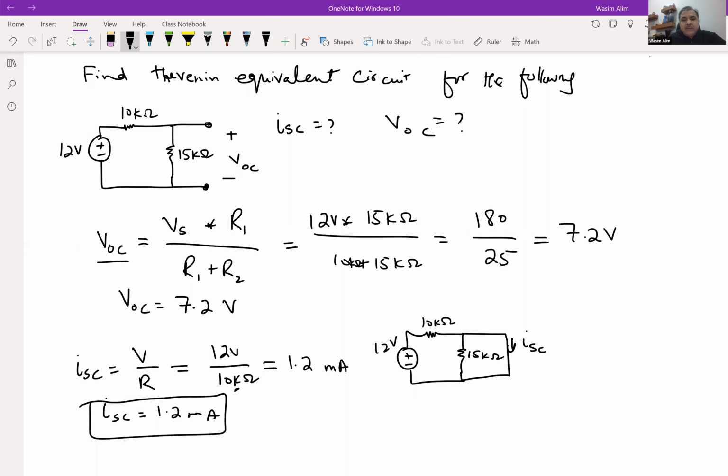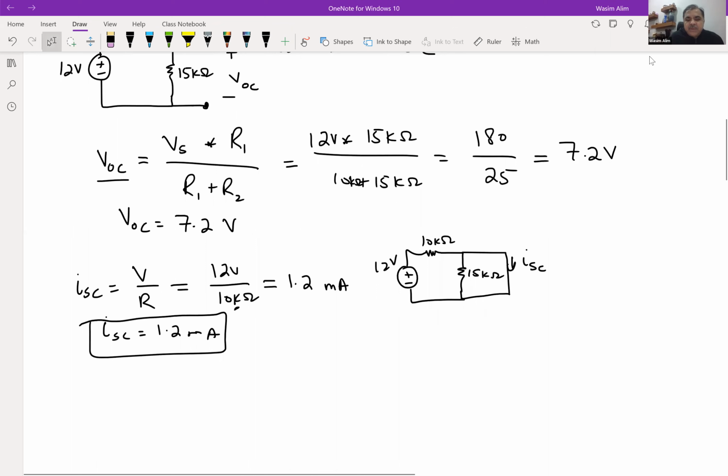Now remember that we need to represent the Thevenin equivalent circuit using a voltage source and a resistor. Okay, the resistor is called R Thevenin and the voltage source is V open circuit or the V Thevenin.